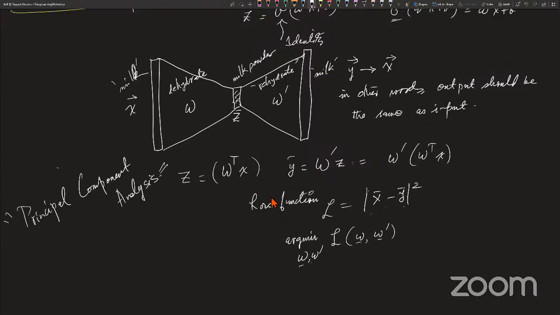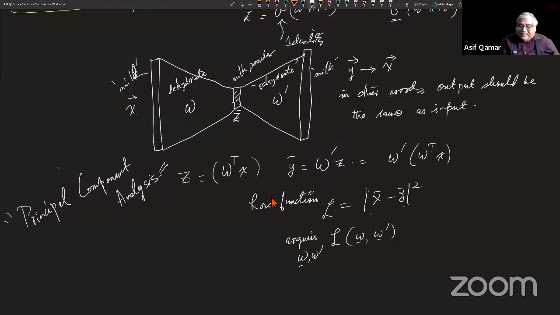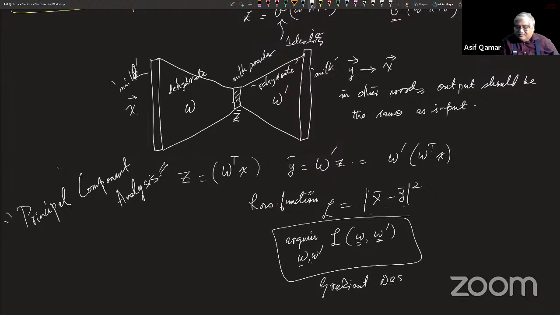And so what you say is that if I try to minimize this loss, what will I have to do? I'll have to shake this W and W prime, isn't it? My gradient descent will have to keep playing around with W and W prime in a nicer way till this loss becomes minimum. I can pass a lot of X vectors into it, and I keep expecting the same thing to come out.